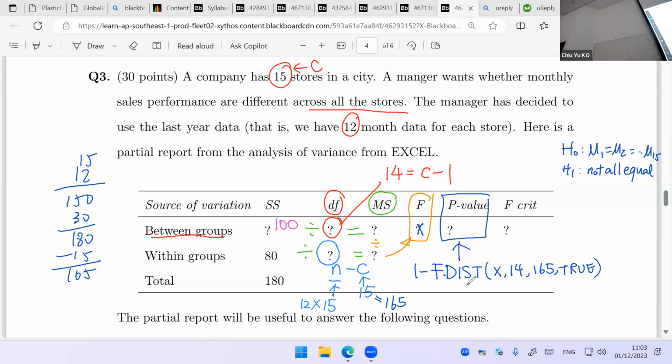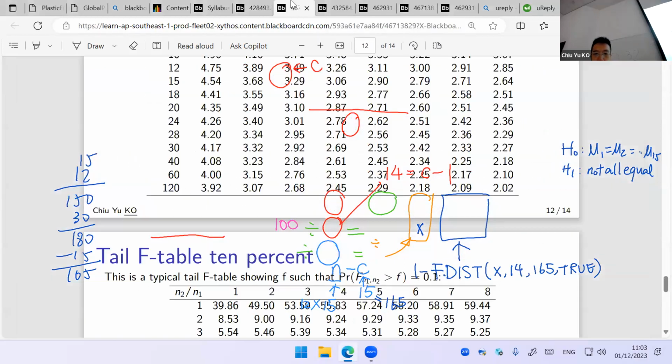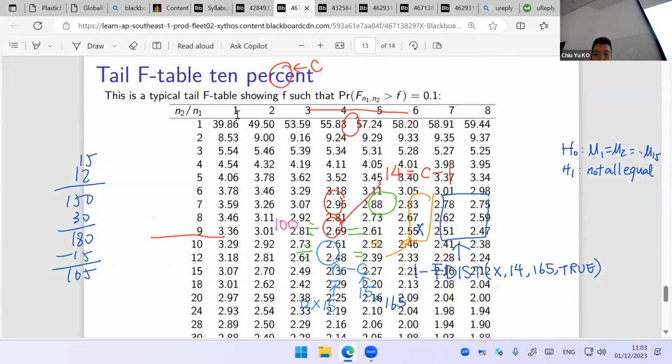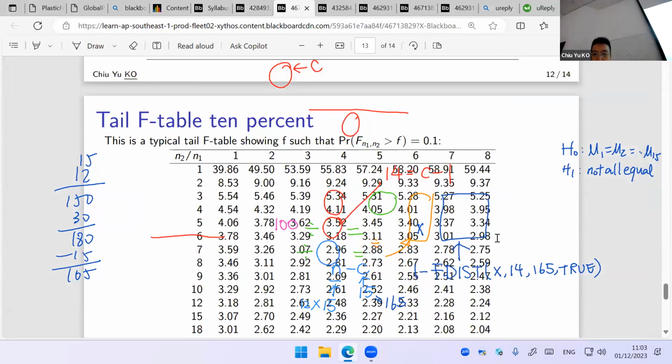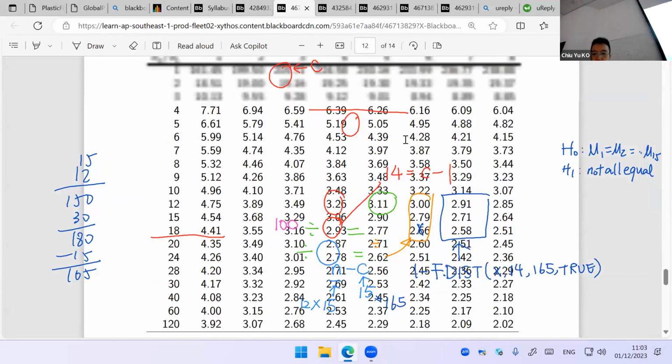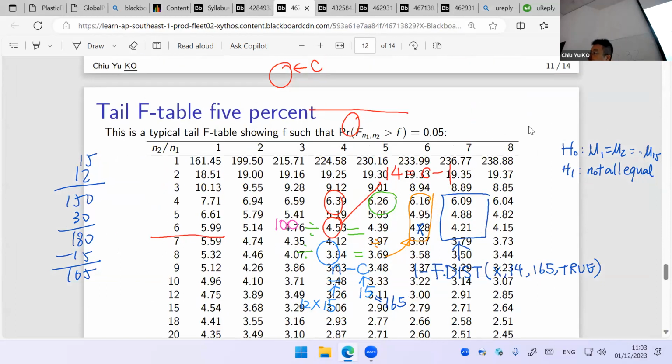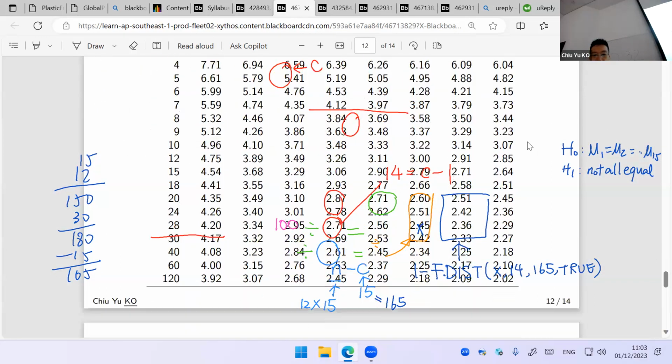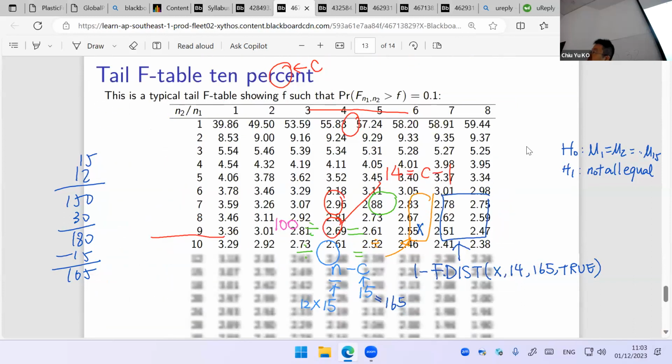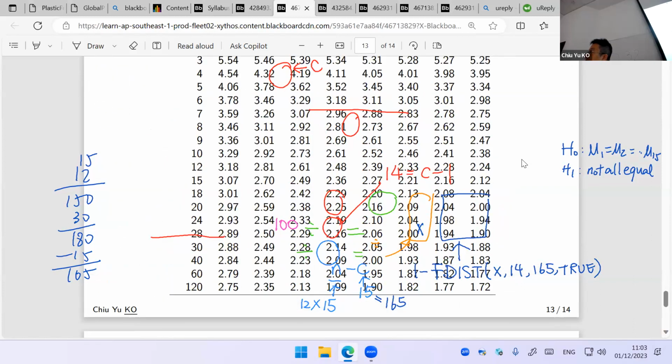Let me quickly illustrate how you read from this F table. This is 14, although I don't have it here, but what I do is look at the 14 column and read the 165 row. Then you look at the critical value.